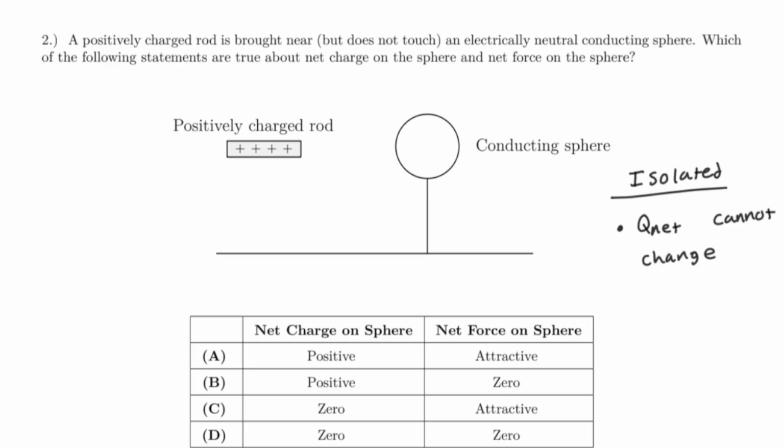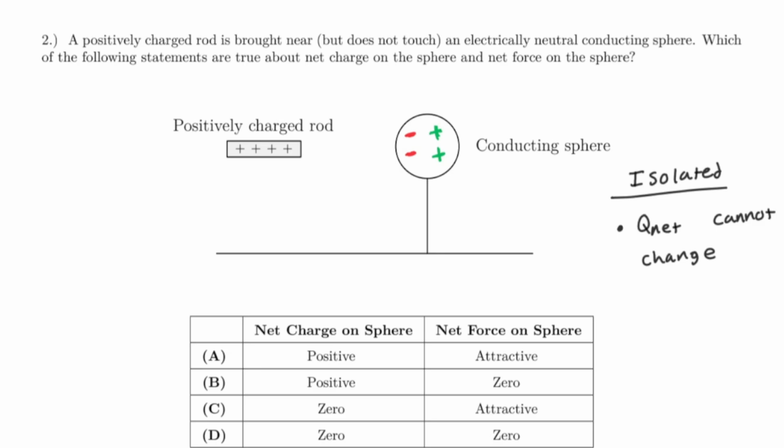So what's actually happening with the force? Well, if you bring a charged object near a neutral object, we get polarization. That means negative charges would be pulled towards the rod, leaving an excess of negative charges near the rod and a deficiency of negatives far away from the rod.